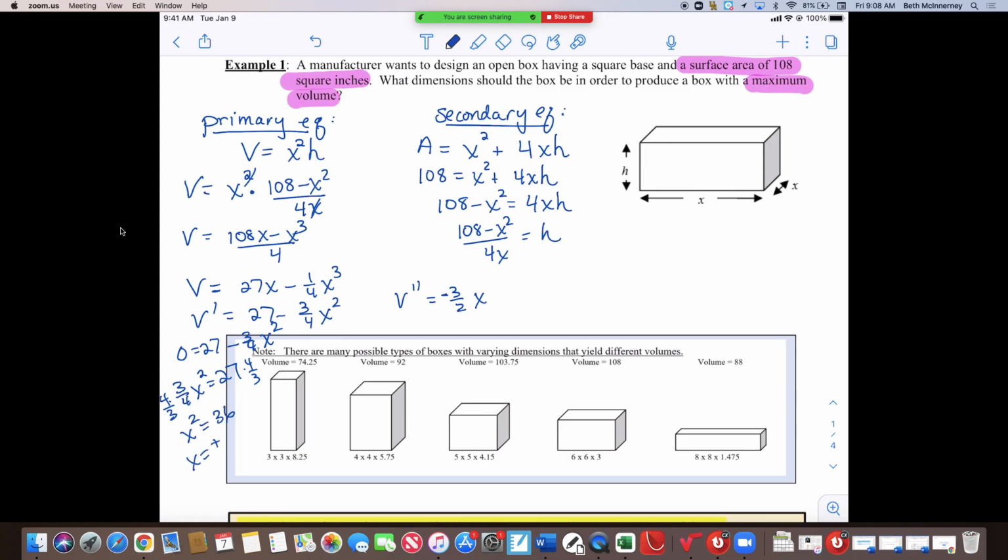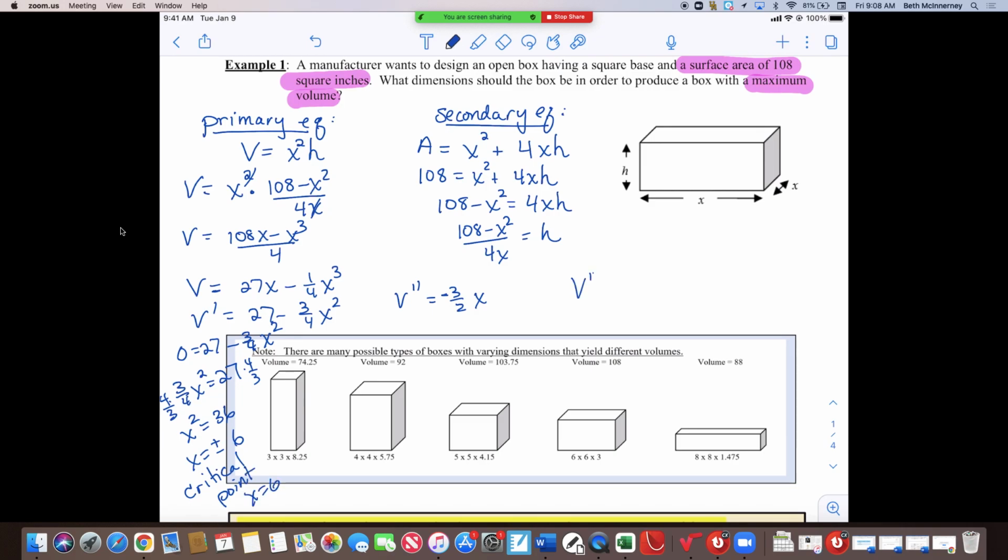So x is plus or minus 6. Now I cannot have a negative measurement on a box. So my critical number would be x equals 6.